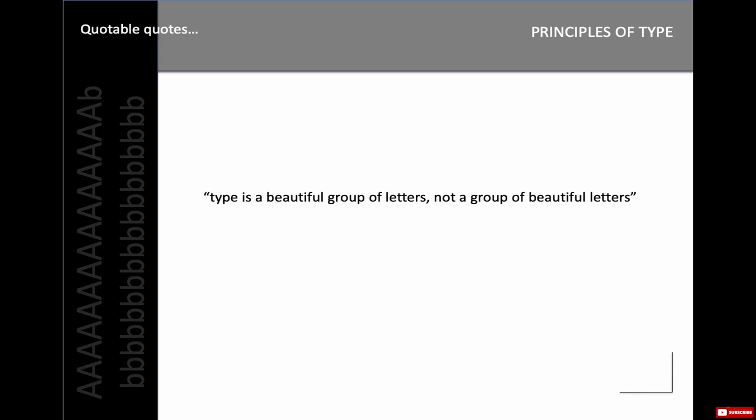Well, what it's telling us is that in order to have successful typography in a design, we need to be able to format the group of letters beautifully. It's not only about a group of beautiful letters, which means all the fancy fonts. Typography's main principle is that we format typography beautifully.